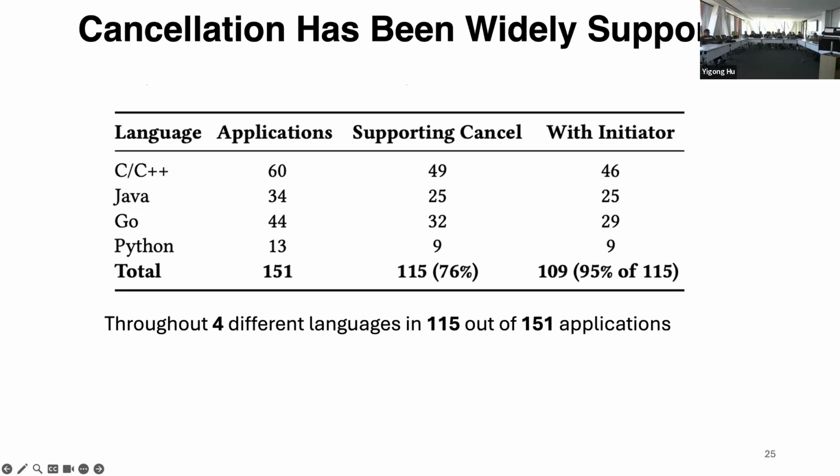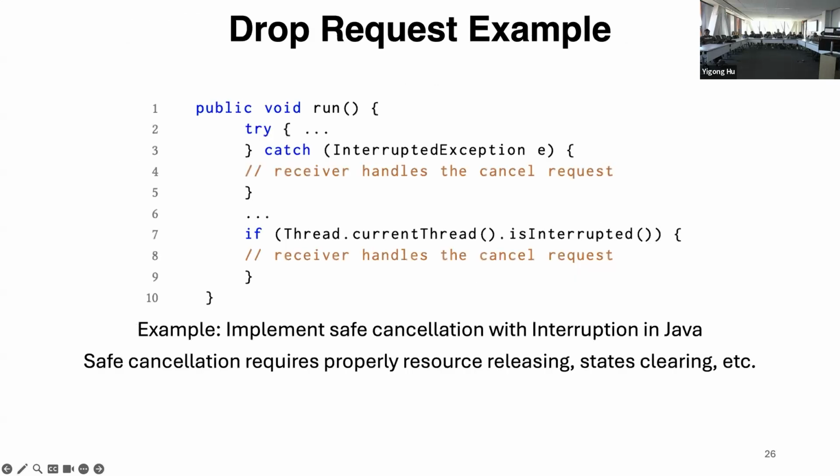And for all these applications that have cancellation mechanisms, 95 of them provide one general interface, like one function call that will initiate the cancellation. This basically inspired us to give them an API to tell us exactly what this function is. Then we can launch their cancellation mechanisms. Here's a simple example of how we drop requests in Elasticsearch.